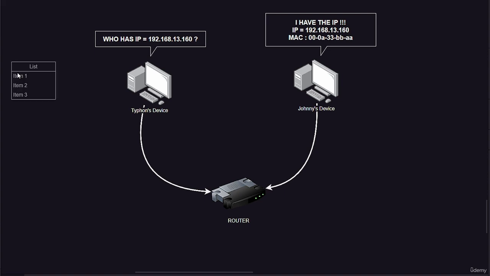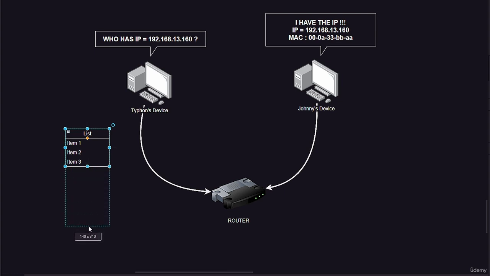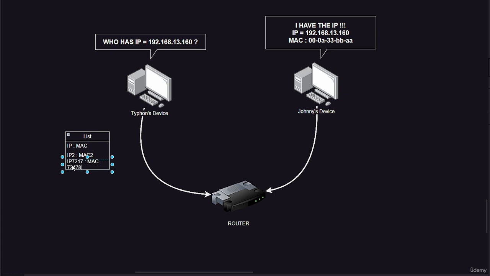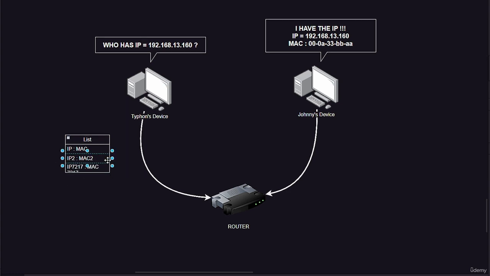Every computer has this kind of list: this IP has this MAC address, this IP has this MAC address, and so on. Most computers and networks store an ARP list.